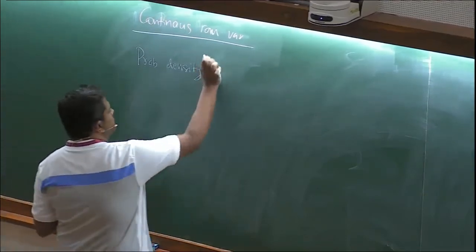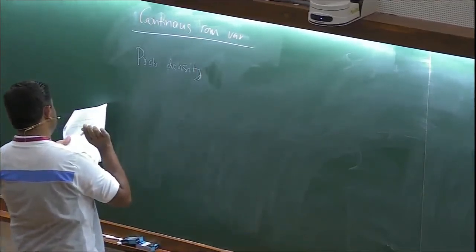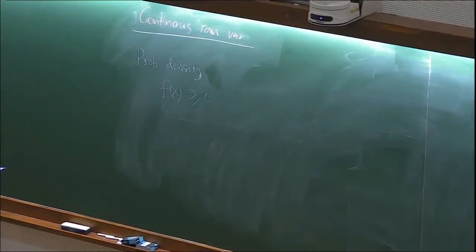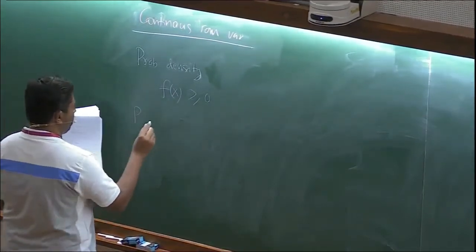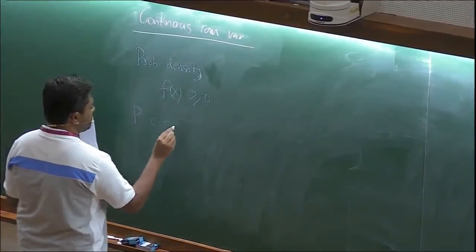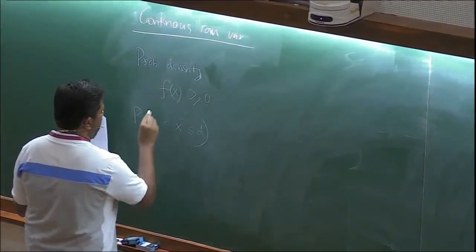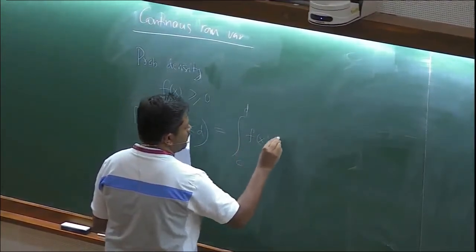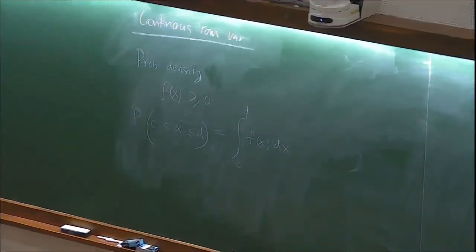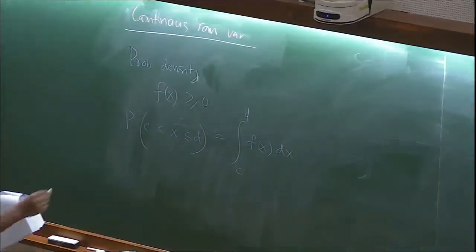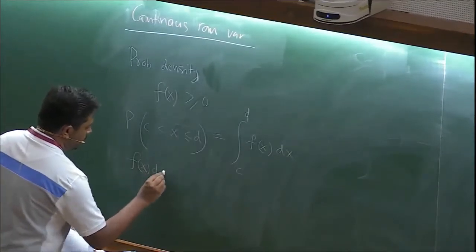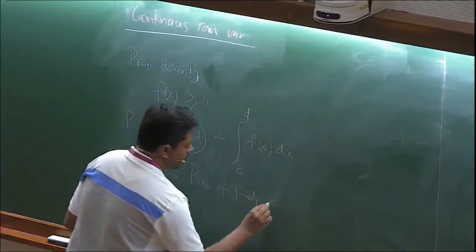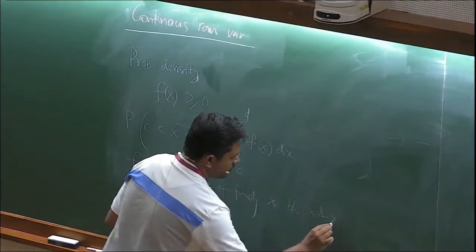Again, this probability density, which I will denote by the symbol f of x, is a positive definite number. And so the probability of x being between two values c and d is defined to be the integral of the probability density between c and d, f of x dx.